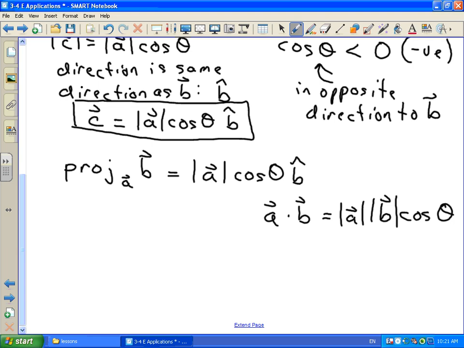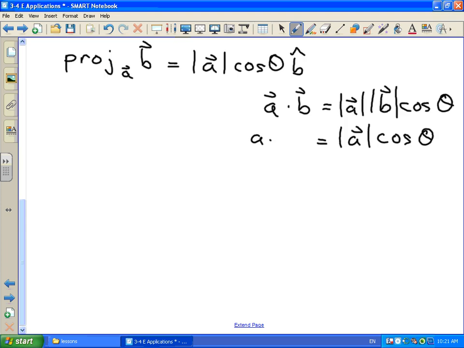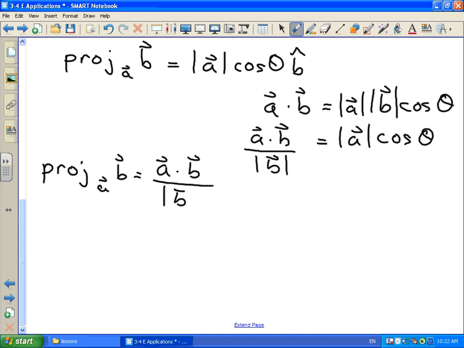If we rearrange this, A cos theta is A dot B divided by the magnitude of B. Okay. So let's put this into our formula for the projection. So our projection of A onto B is just going to be, instead of A cos theta, we'll put A dot B over the magnitude of B, and we've got B hat here still.